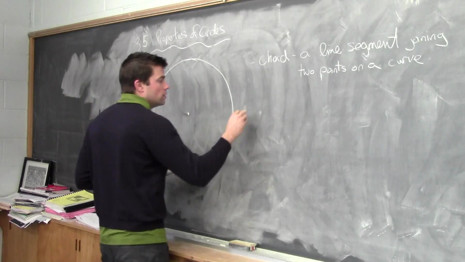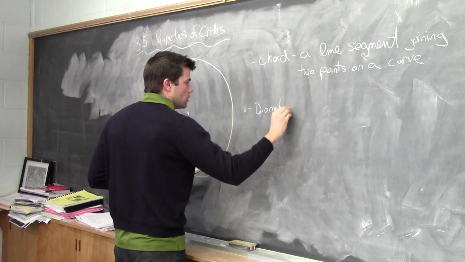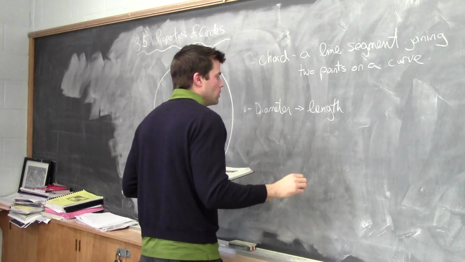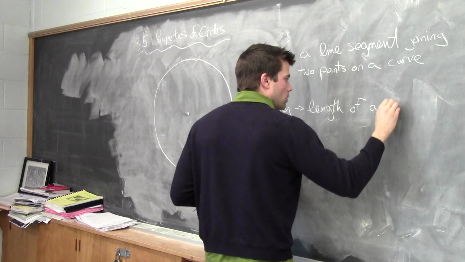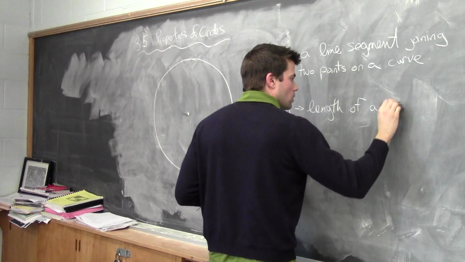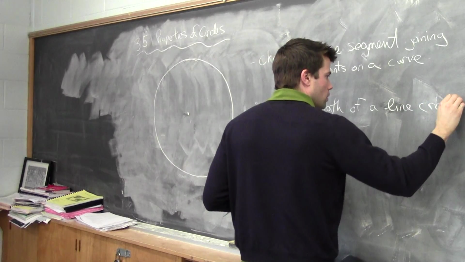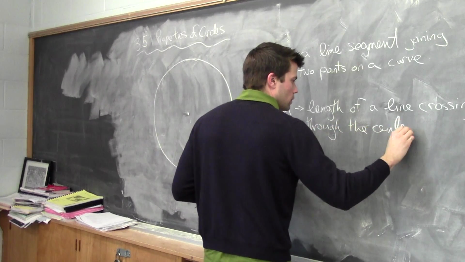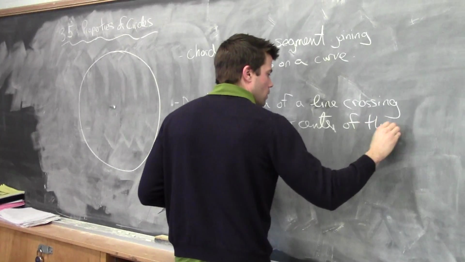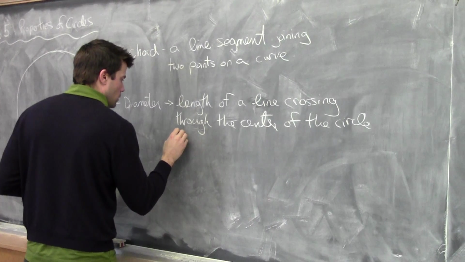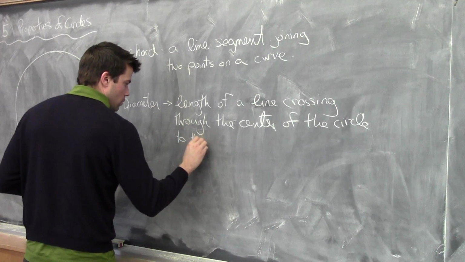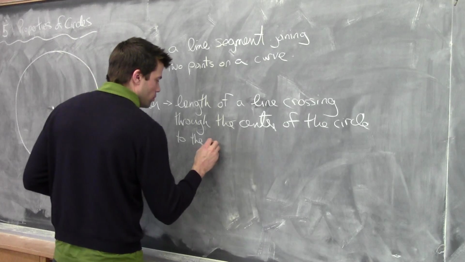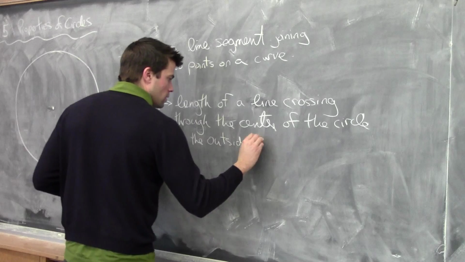So the diameter is the length of a line crossing through the center of the circle to the outside edge.